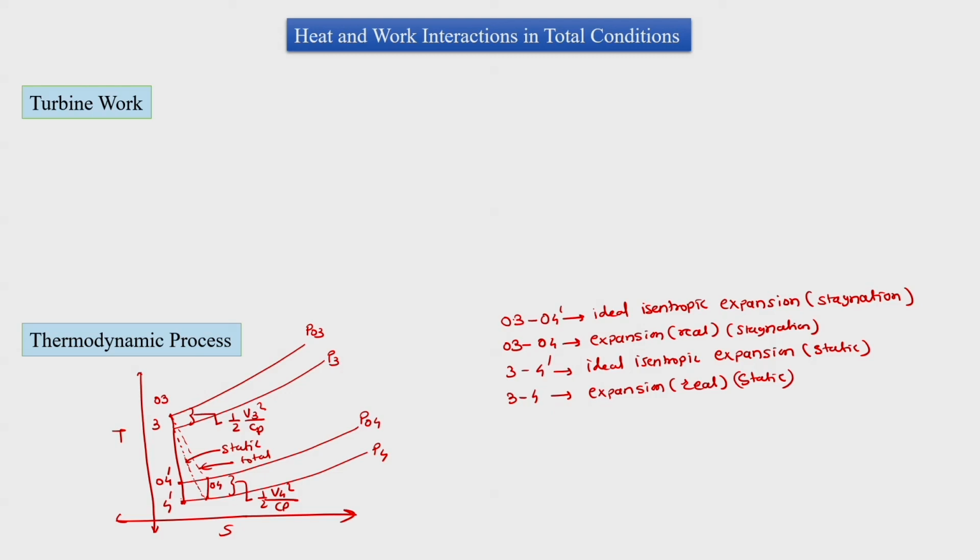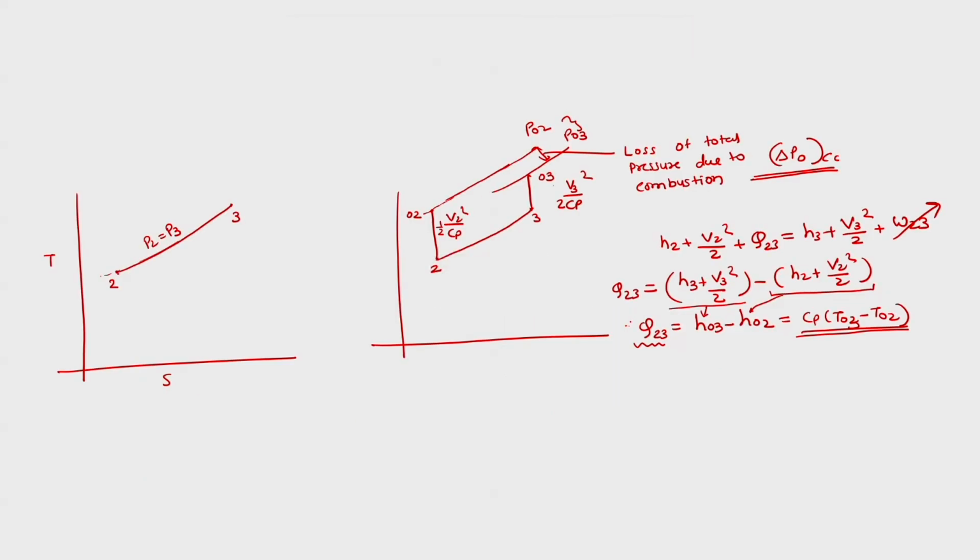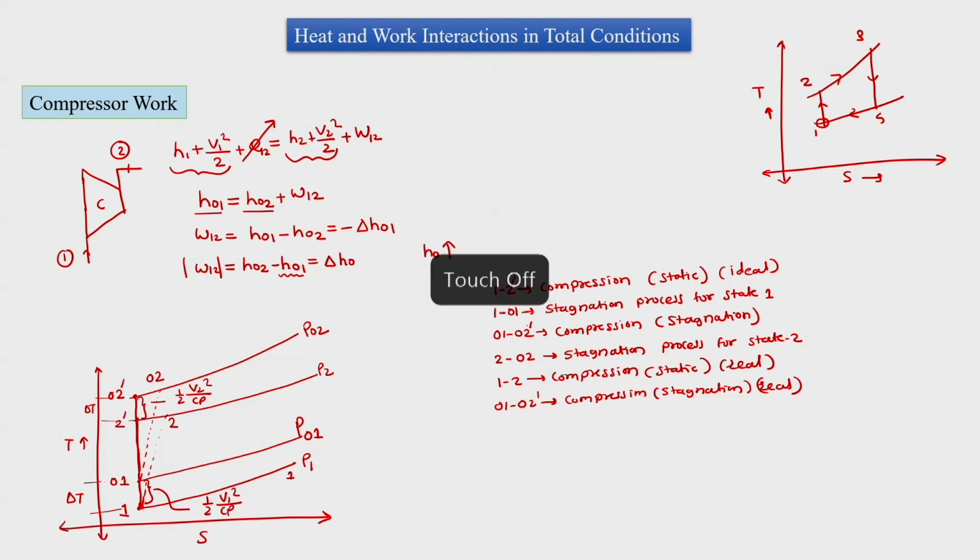So this is what we had also seen in case of the compressor. These are the different processes that we had considered for the compressor. 1 to 2 dash is compression with static and ideal, 01 to 02 dash was compression with stagnation, and that is ideal.